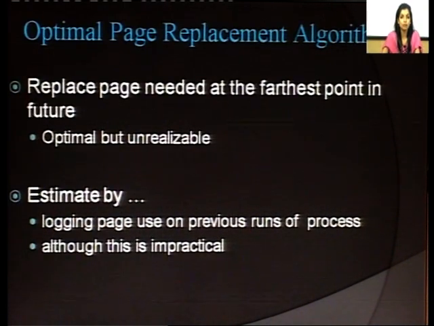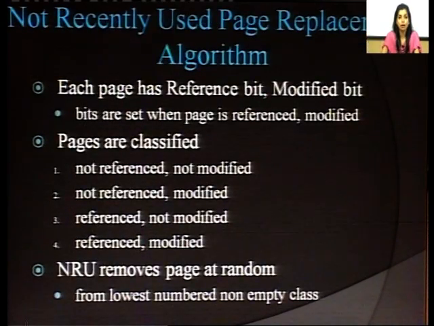So, what is the optimal page replacement algorithm? Replace the page needed at the farthest point in the future. That means if a particular page has entered main memory and it is going to be used only in the future, not now, that page can be replaced. Not recently used page replacement means a page that is not recently used but may be used later on, so that page can be replaced.